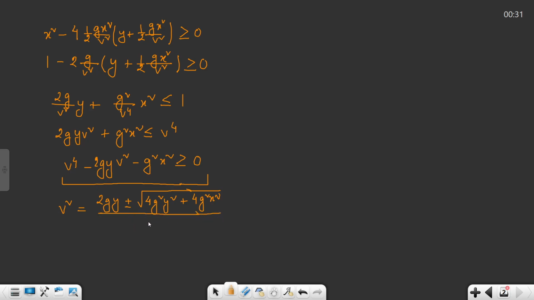Okay, so we divide it by 2, and then v squared is equal to, let's do some simple calculation. You can get 4g squared out of this square root, so then that will become 2g, and you can divide the 2 using this 2. So what you get is g times y plus minus root over x squared plus y squared.